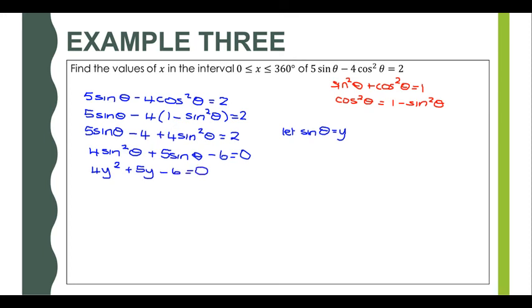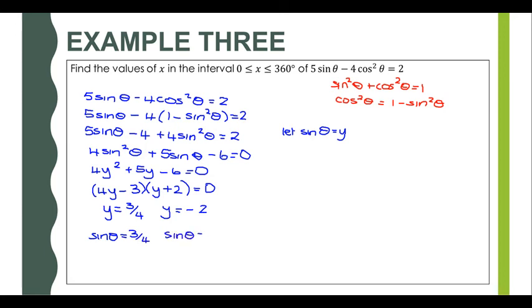I can now factorise this equation to get (4y minus 3)(y plus 2) is equal to 0, which gives the solutions y is equal to 3 over 4 and y is equal to minus 2. I've now got my solutions for y, so I need to substitute back in sine theta. Sine theta is equal to 3/4 and sine theta is equal to minus 2.